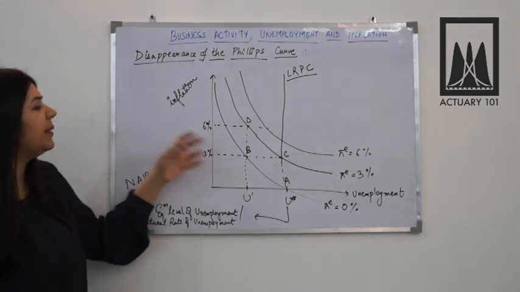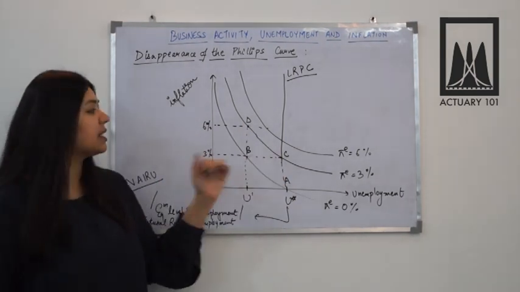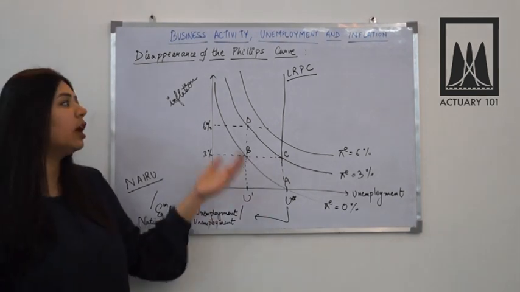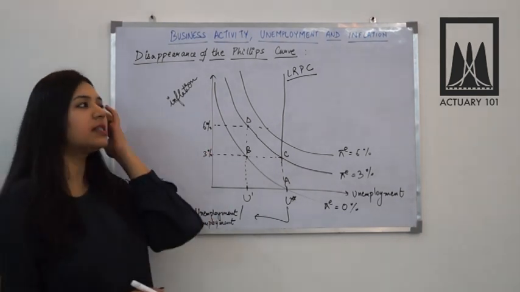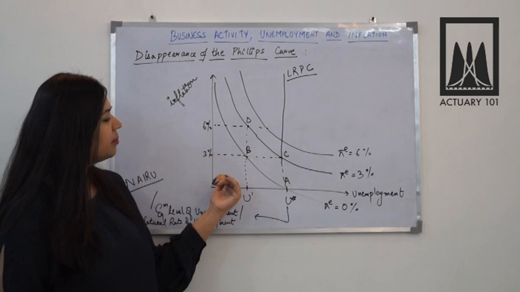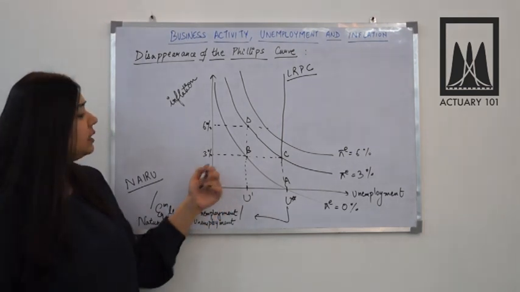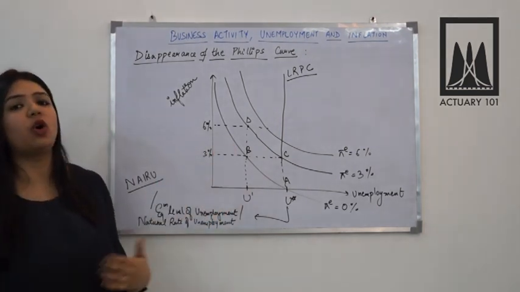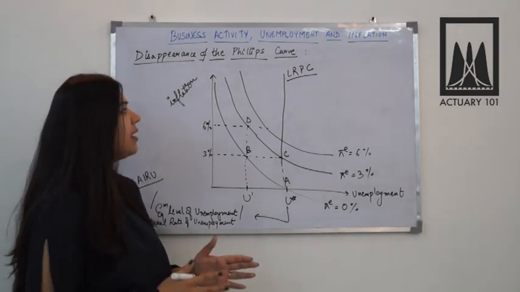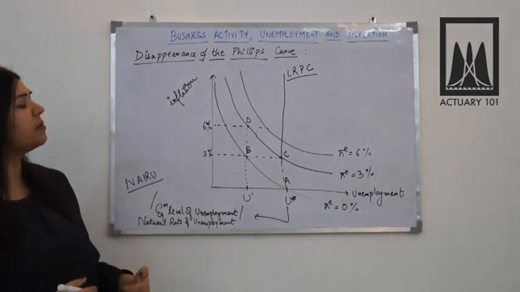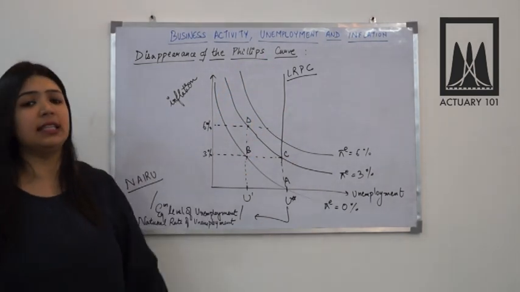So whatever is happening in the long run can also happen in the short run, because the firms expect all these situations to occur in the short run itself. And that is why we can say that the short run Phillips curve can also be a straight line.